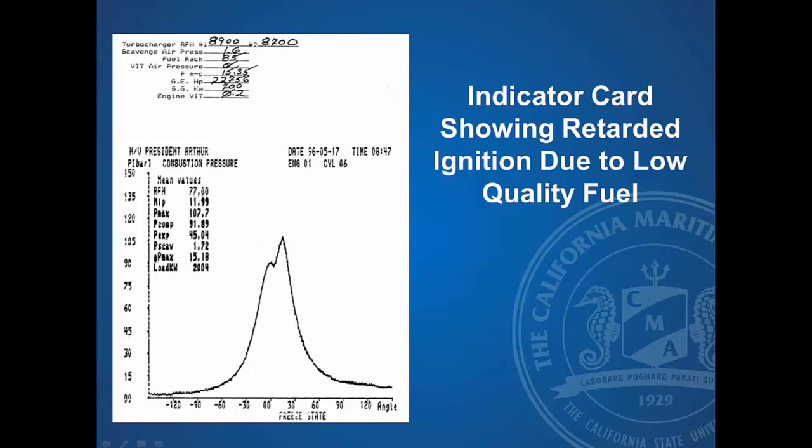Now, this is an indicator card with an engine that has retarded ignition due to low fuel quality. And you know it's low fuel quality because when you go down the engine and you look at each one of the cylinders, all of the cylinders show this same problem. So in this, the ignition is occurring at about 15 degrees after top dead center, and it should be occurring about 3 degrees after top dead center.